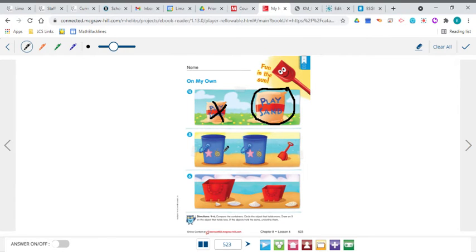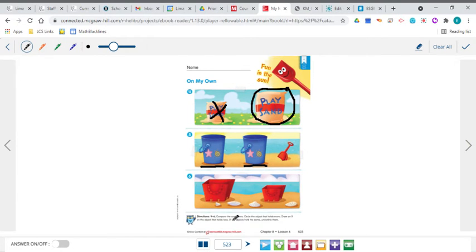All right. Taking a look at the two sand pails here sitting on the beach, they look like they are the same size. They are identical in size. So since they are the same, the directions say we should underline them. They have the same capacity. They hold the same amount of sand. All right. At the bottom, there are two little totes here.